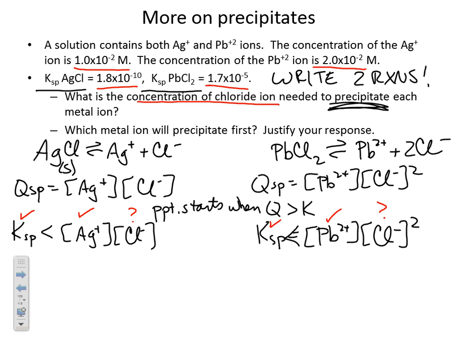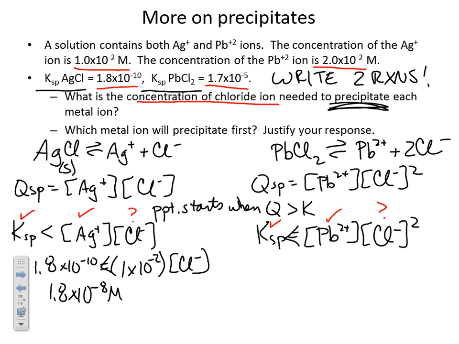So AgCl, I've got 1.8 times 10 to the minus 10th, and it's got to be greater than 1 times 10 to the minus 2nd times the chloride concentration, and the chloride concentration has to be greater than 1.8 times 10 to the minus 8th molar in order to start precipitating the AgCl.